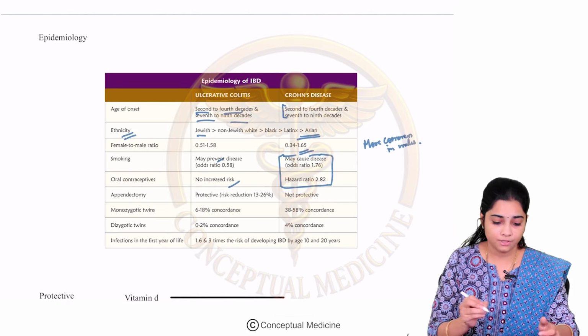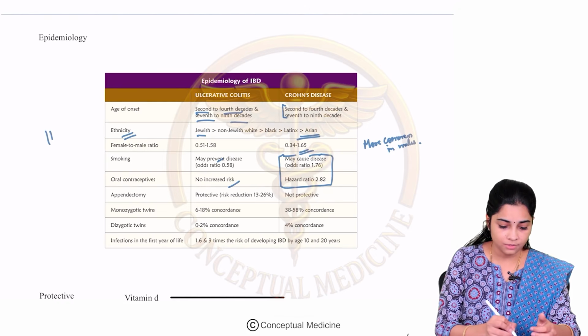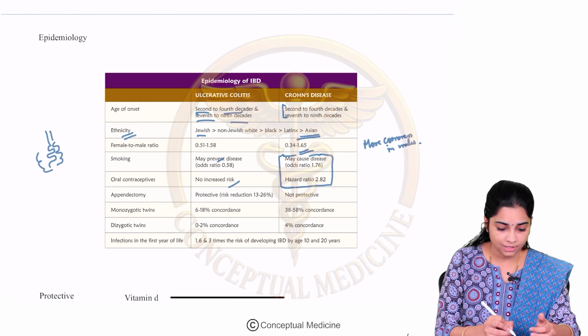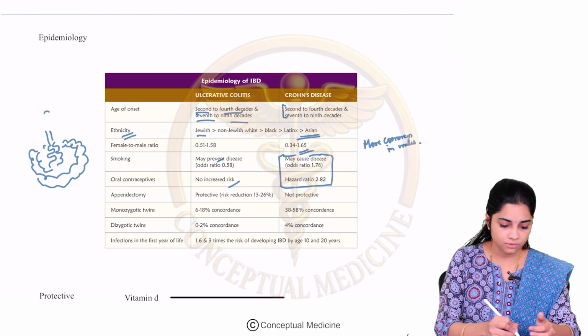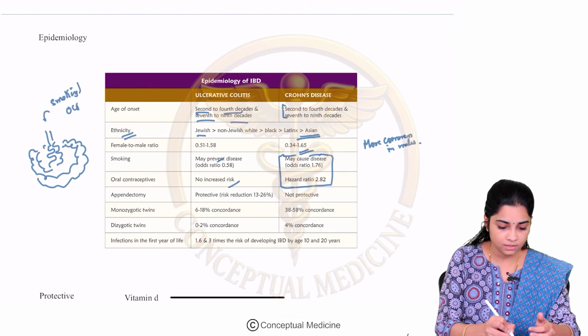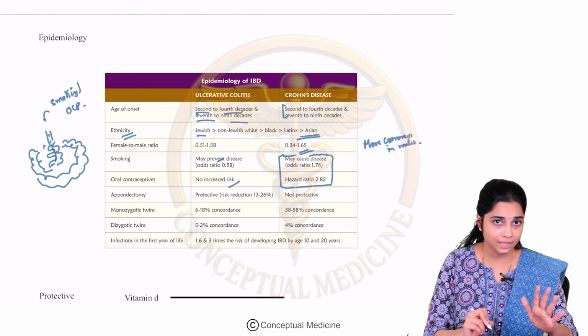An easy way to remember that is that you have the small intestine and then the large intestine. Anything that you take orally, so smoking or OCP use, is going to affect the small intestine first. So you can just remember it like that.